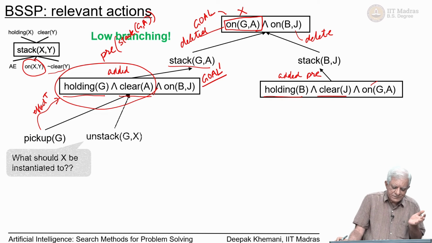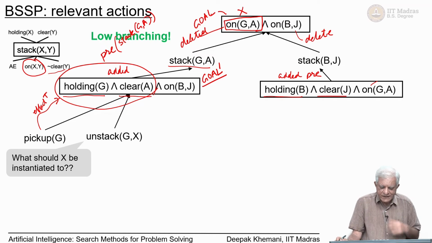Or you could say holding G can be made true if you unstack G from somewhere else essentially. But of course, then the question would be what is X? What are you unstacking it from?